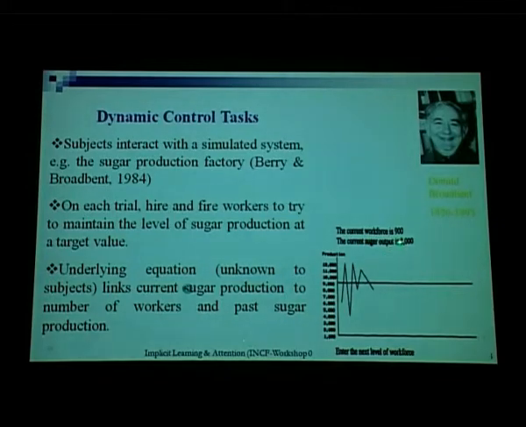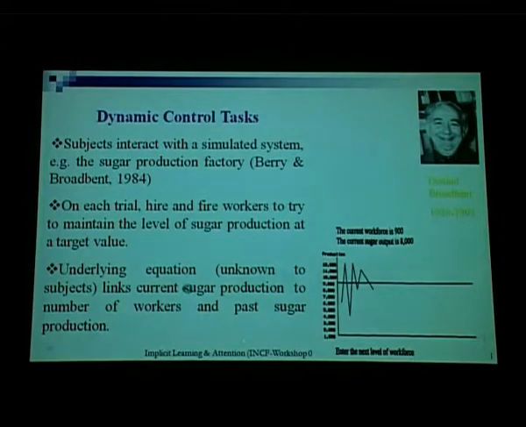The current output is 8,000, but the target is 9,000, and they need to adjust something within the system to maintain this. And it has been observed that subjects are pretty good at maintaining it, although the underlying behavior is governed by an equation that is unknown to the subjects.